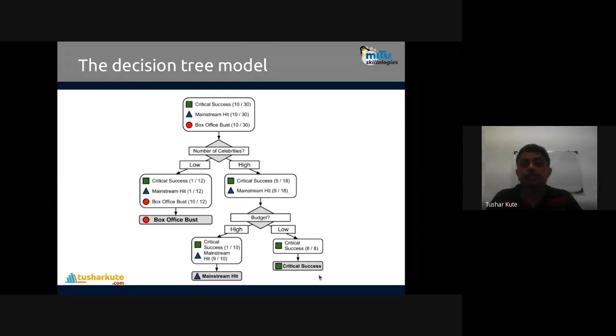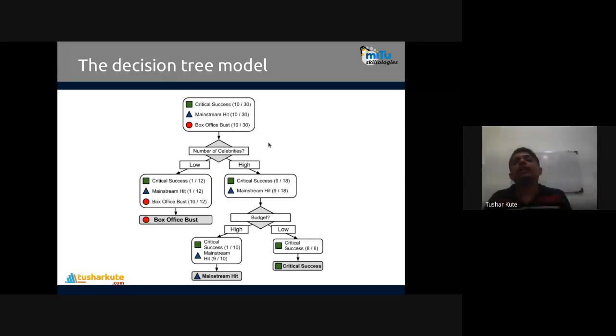Finally, as the result, this is the decision tree model created. And that will help us to do predictive analytics on the given data. Like that, this is a common idea given.